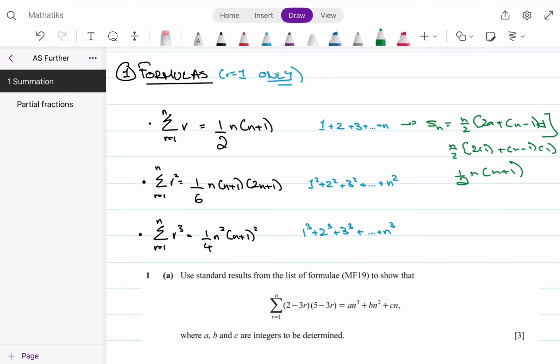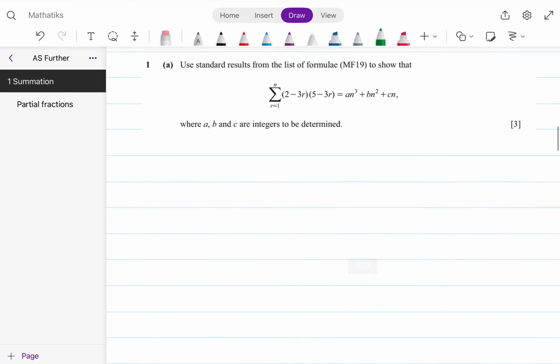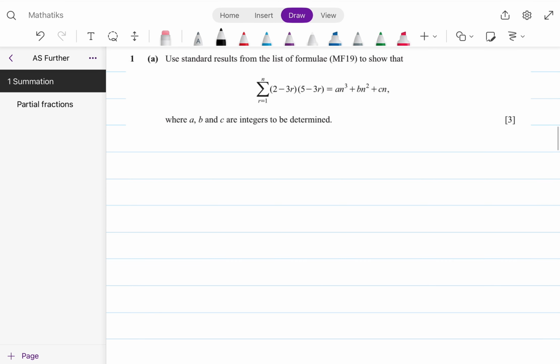Okay, let's solve the first part. The first thing we have to do is expand this. When you're solving questions, make sure you factor common terms before simplifying. I'm going to get to that.